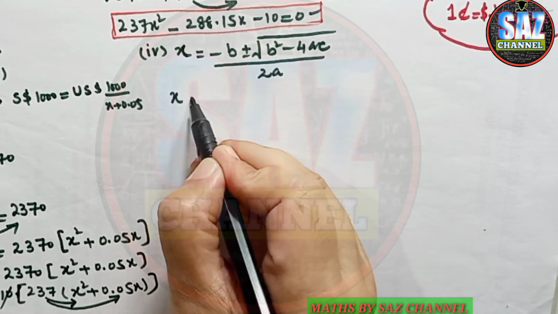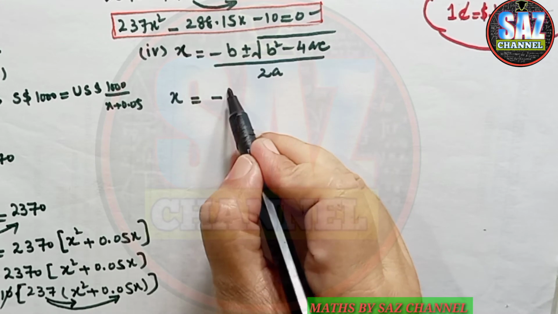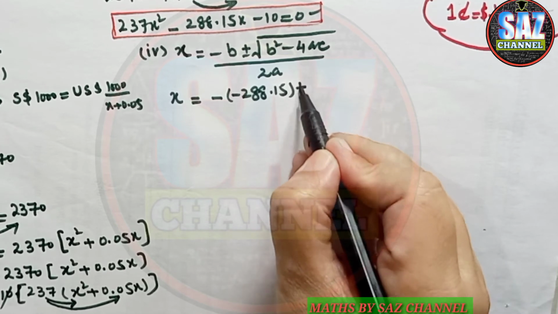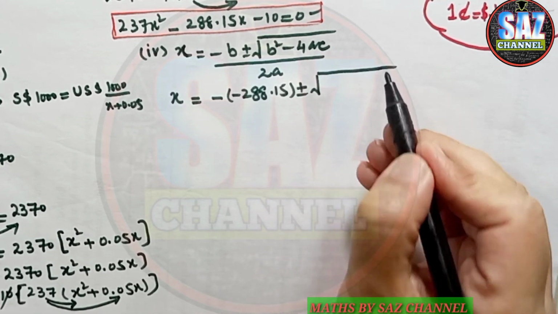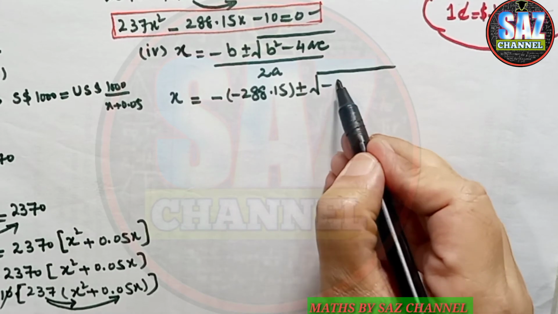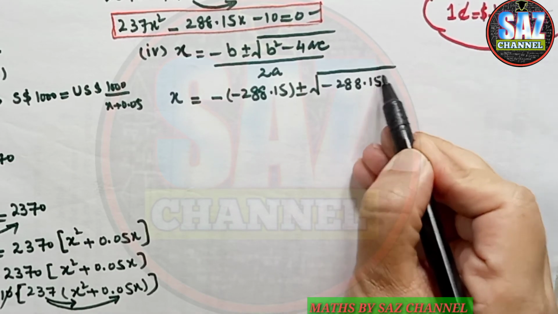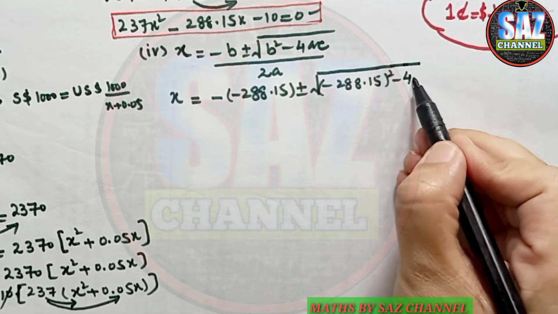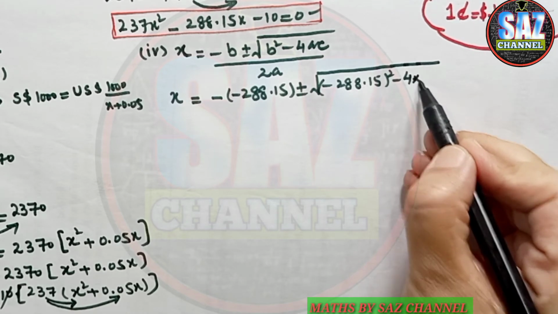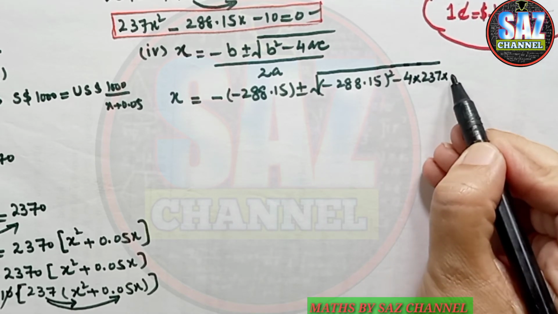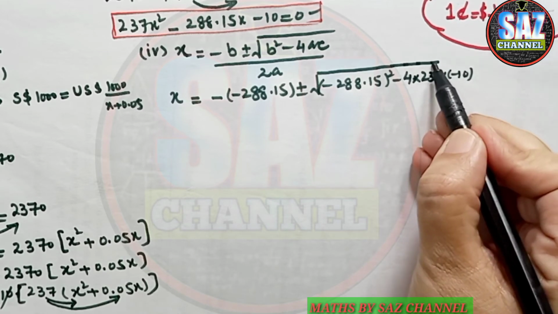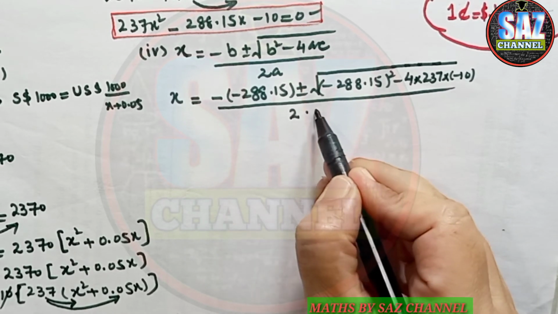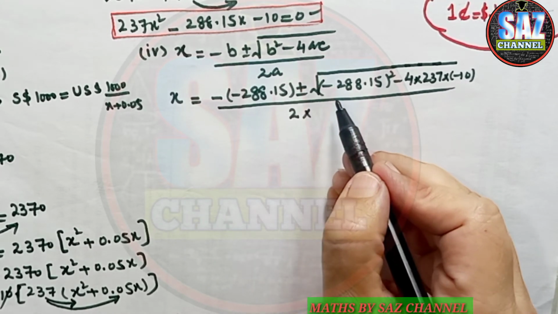Replace the values carefully. x equals minus, and b is already negative, 288.15 plus minus b square. b square is minus 288.15 square minus 4 into a, which is 237, multiplied by minus 10. Be careful about the sign. Divided by 2 into 237.